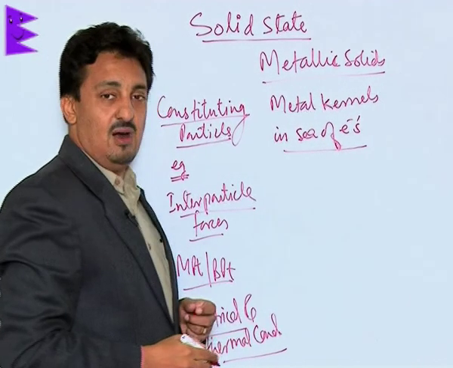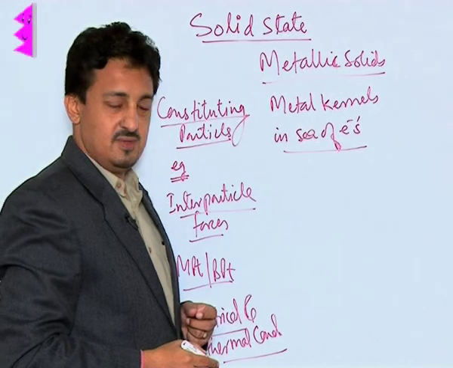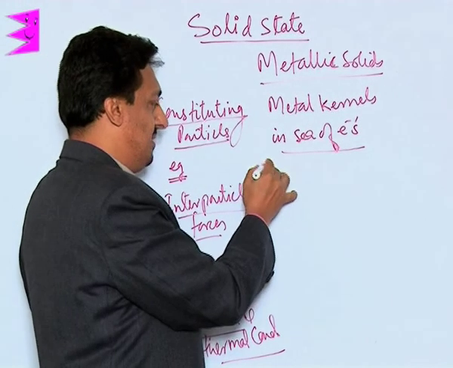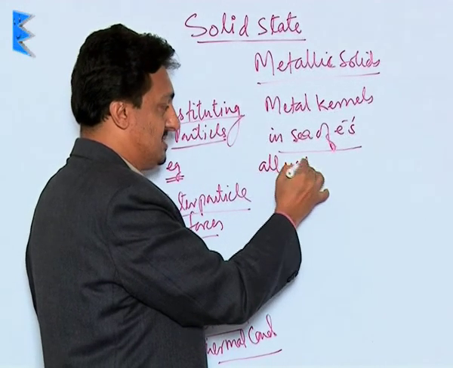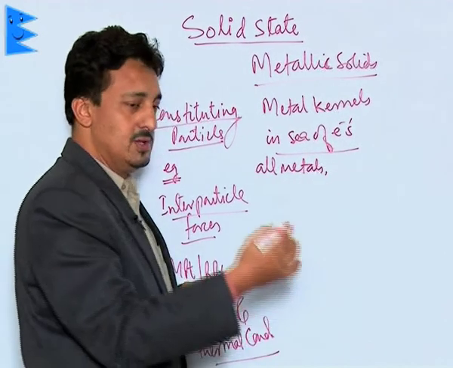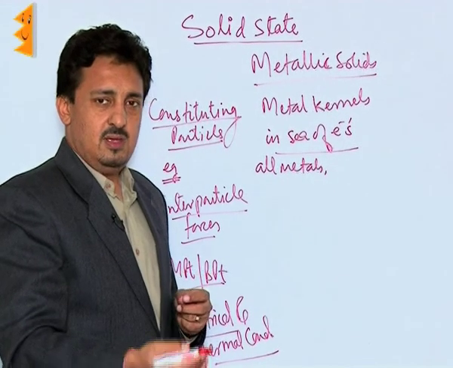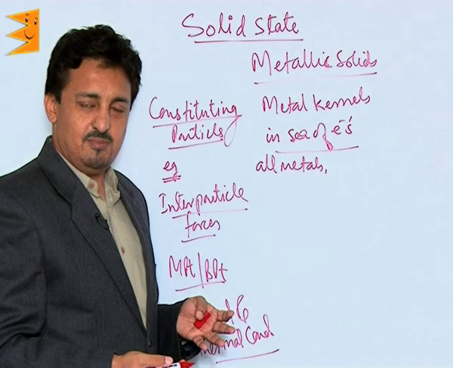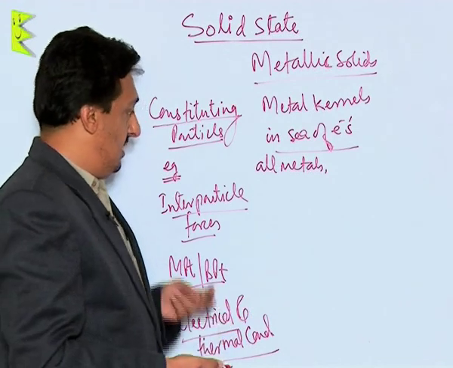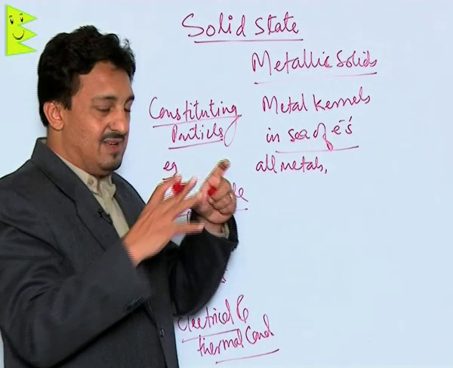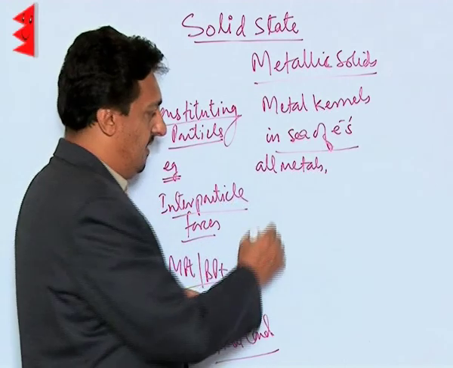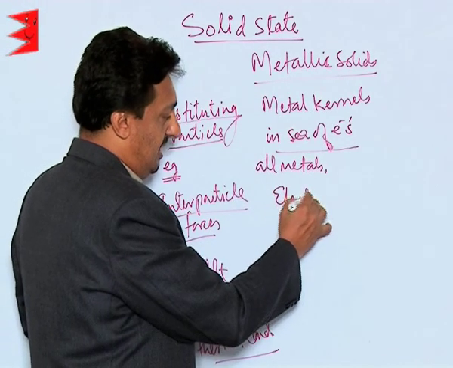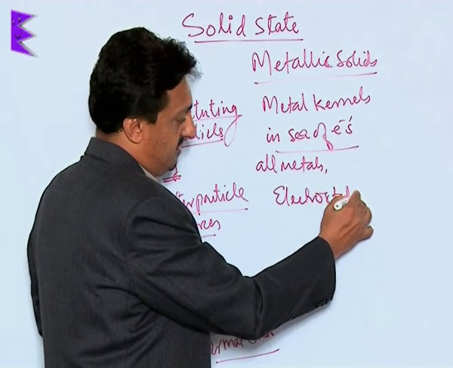The examples are all metals like iron, gold, silver, copper. All these belong to this category. Their interparticle forces, since these metal kernels are surrounded by the electrons, are electrostatic forces.